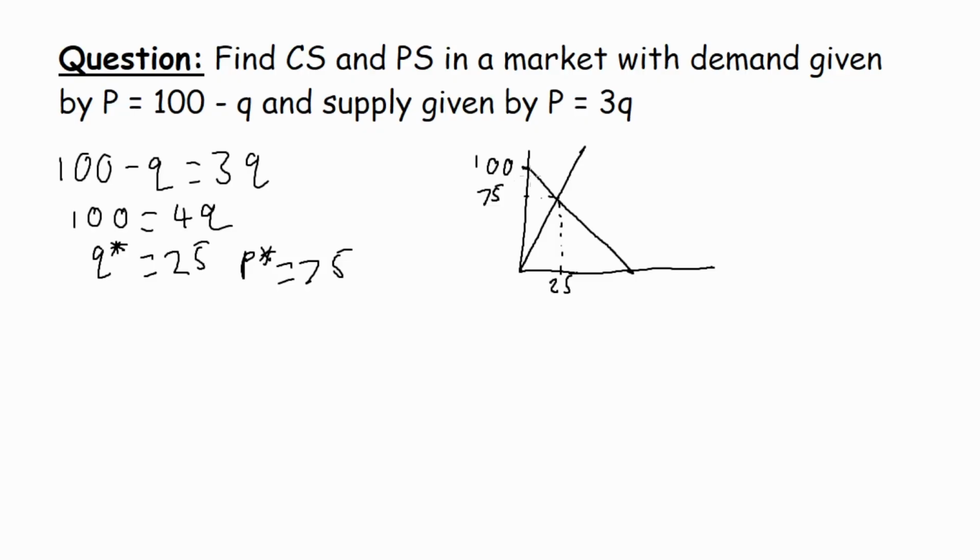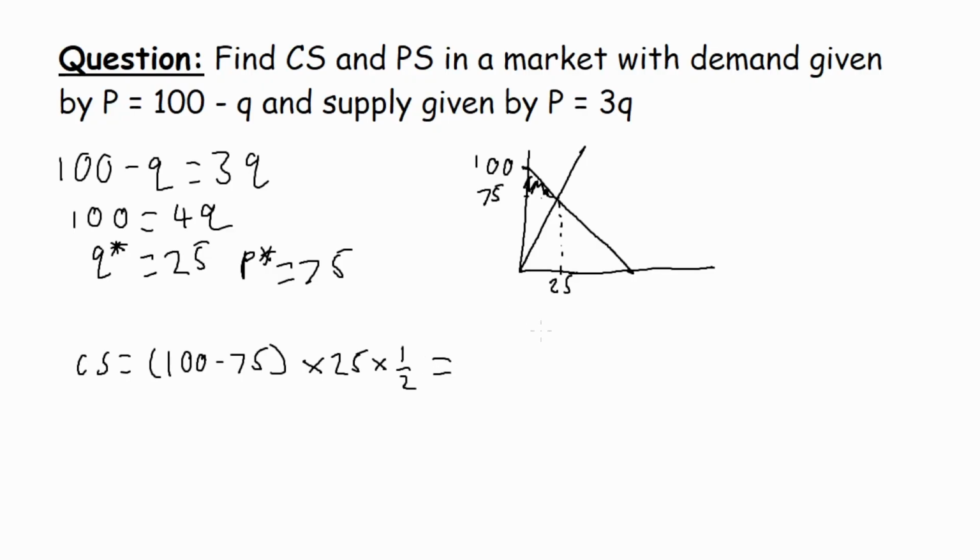So now for consumer surplus, we just need to find the area of this region I'm shading right now, which we can do with the following calculation. It's actually just like finding the area of a triangle, as I mentioned. So we'll have 100 - 75, so 25, which is this length here, times 25, which is this length here, or the equilibrium quantity, and then multiplied by a half, because we are looking for a triangle.